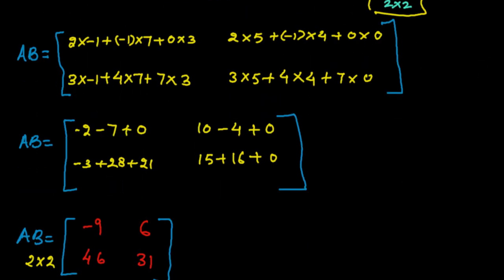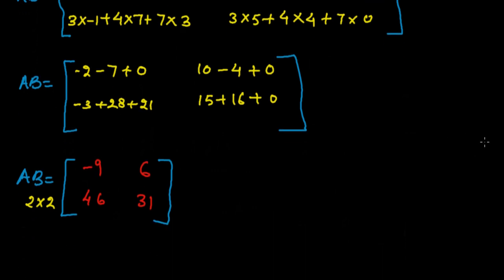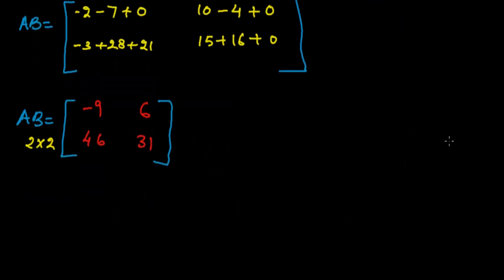So in this way we could multiply two matrices with each other. So this is a way of multiplication of matrix with matrix again.